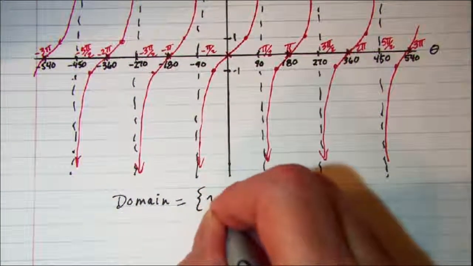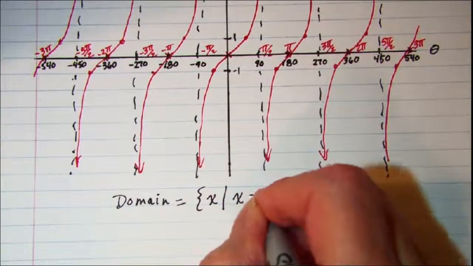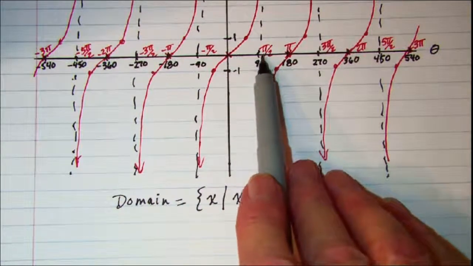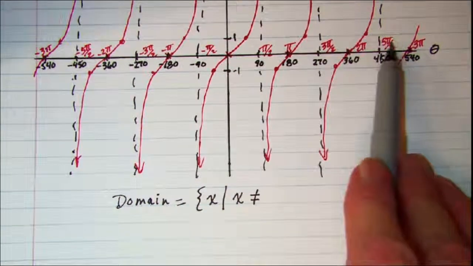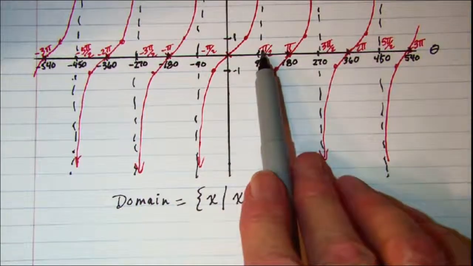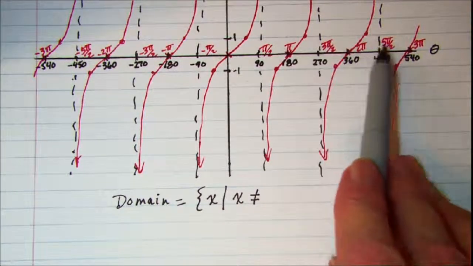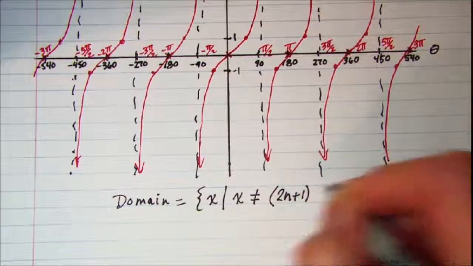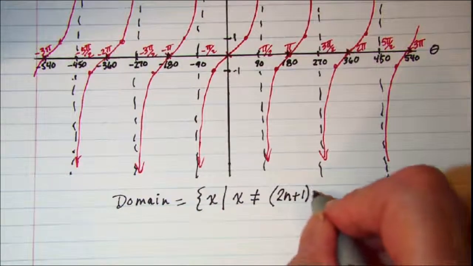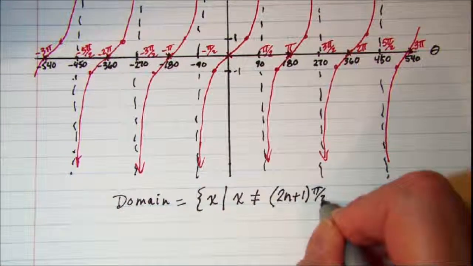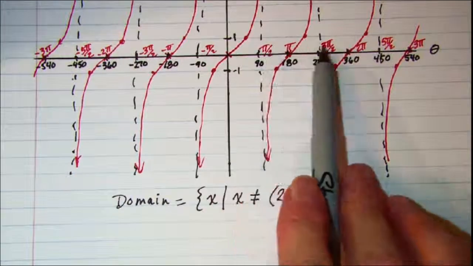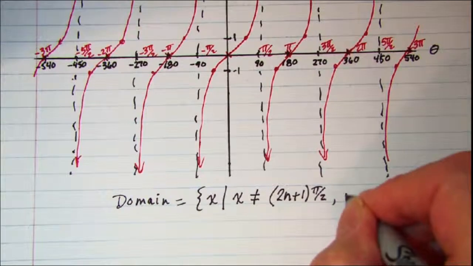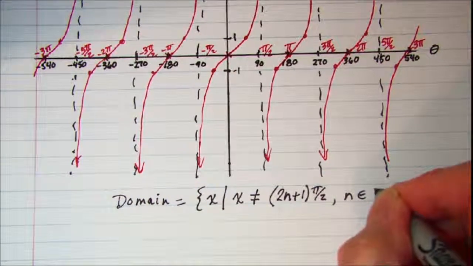It's the set of all x's such that x is not equal to, and I need 1 pi over 2, 3 pi over 2, 5 pi over 2. So notice that the numerators are odd numbers. So we have 2n plus 1 is how we write an odd number, and then multiplying that by pi over 2 will give us our values where our tangent is undefined. And this is for all n's that are integers.